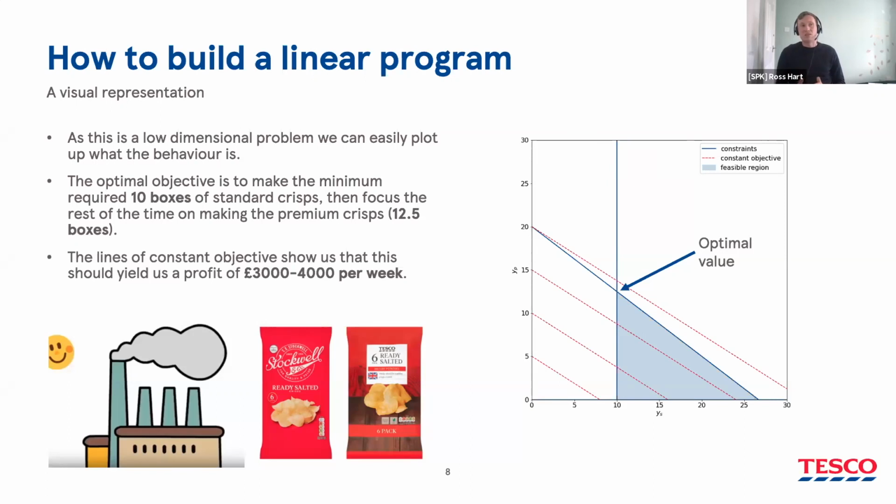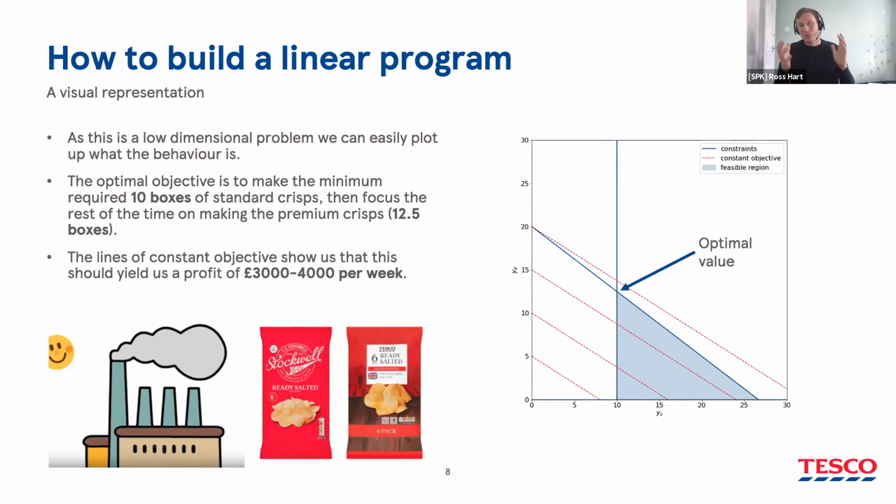It makes a lot of sense because the profit per unit time of making those products is much greater in that case. So it makes sense to spend the rest of the time making the product with the most profit per unit time. So our optimal objective value is right in the corner.